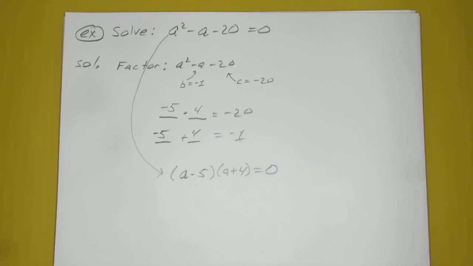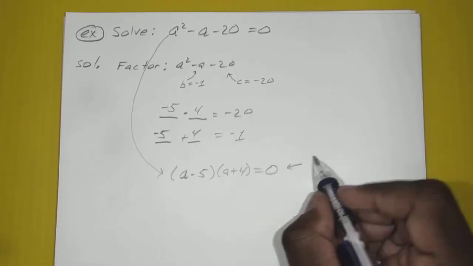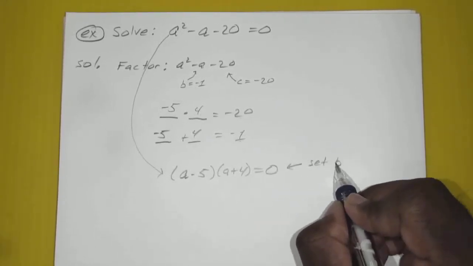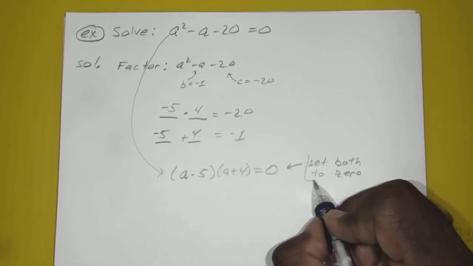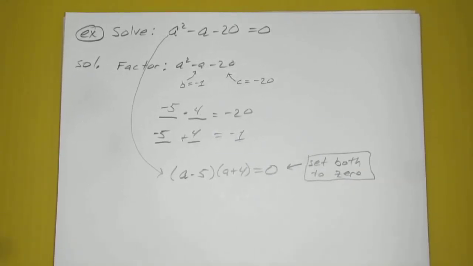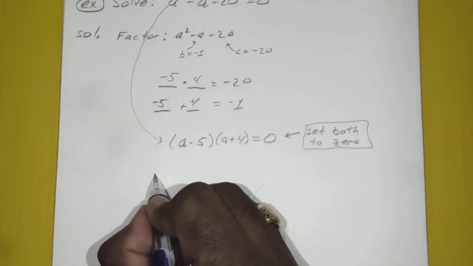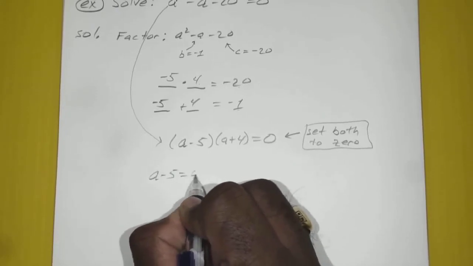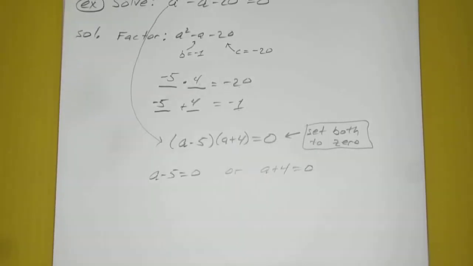Okay. Just like we did before, we just set both to 0. So that means a minus 5 can equal 0, or a plus 4 can equal 0.